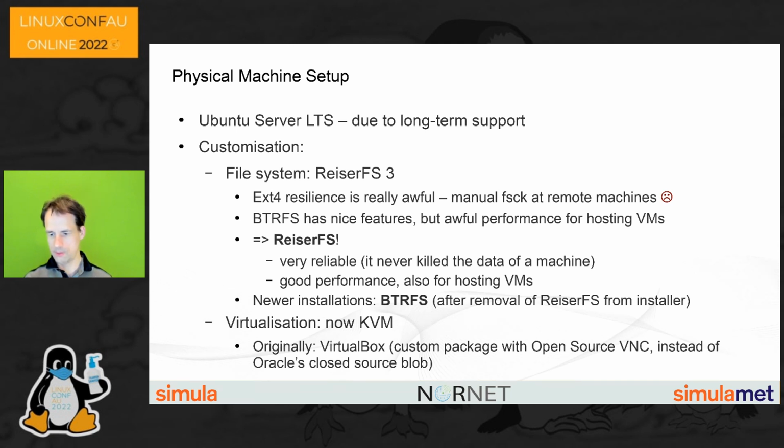VirtualBox is open source itself, but the VNC implementation is not, so it required a blob from Oracle to be installed. And we were not really satisfied with the stability of this. So we decided to move as soon as possible to KVM, which is quite stable. This is the physical machine setup.